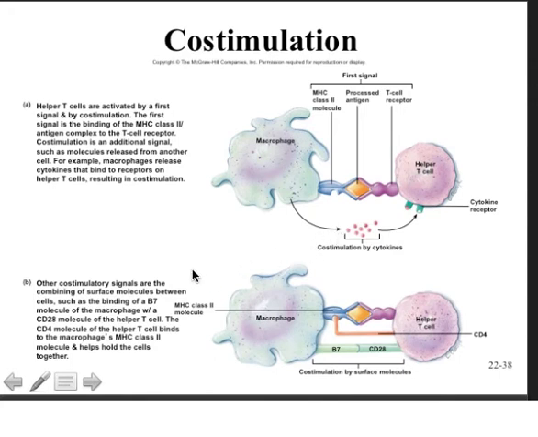Other co-stimulatory signals are the combining of surface molecules between cells, such as the binding of a B7 molecule of the macrophage with a CD28 molecule on a helper T. The CD4 molecule on the helper T binds to the macrophage's MHC class II molecule, and it helps hold the cell together.